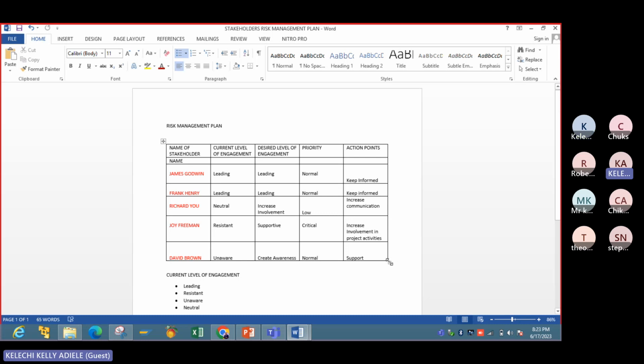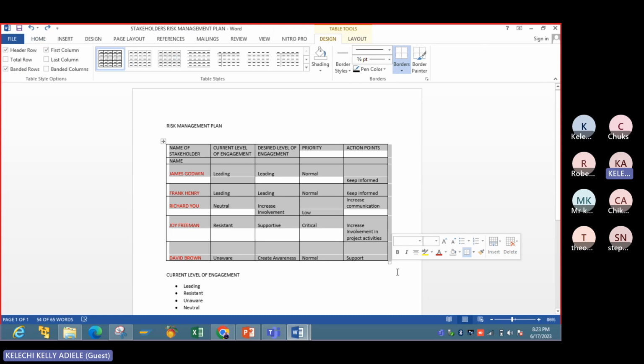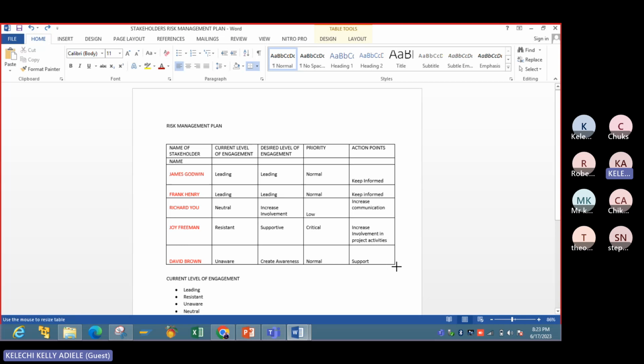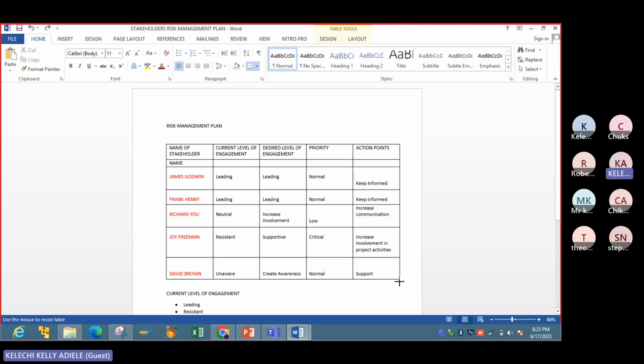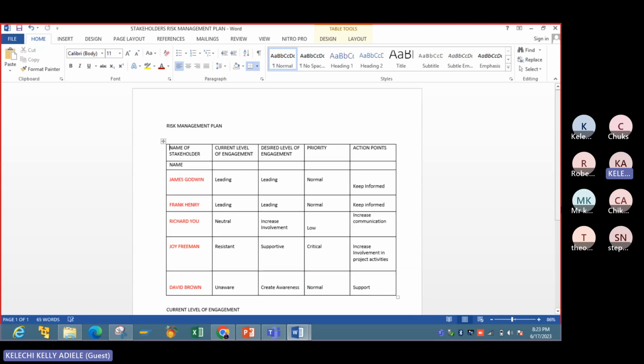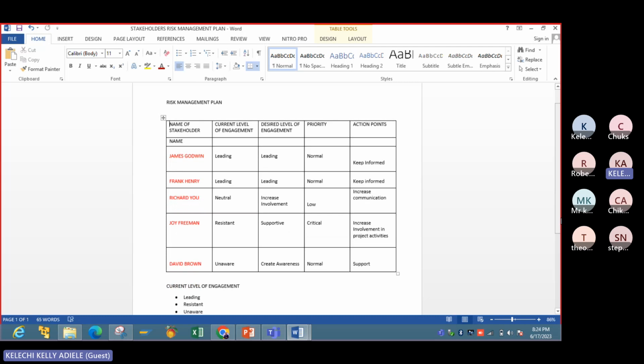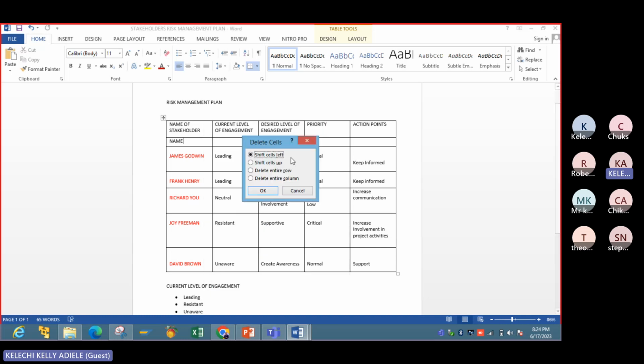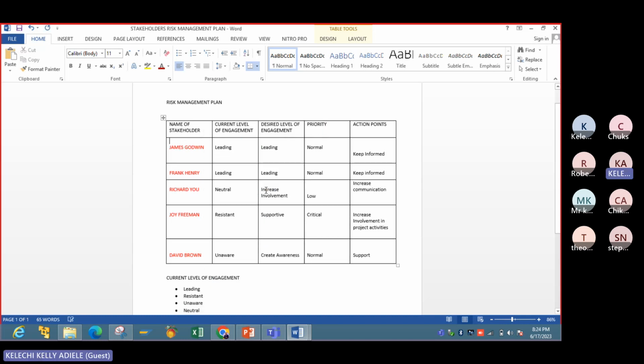This document is not static. All these documents, especially when they have to do with stakeholders, are subject to review. As we observe new developments, we need to always come back and review the situation. That's exactly what it is.